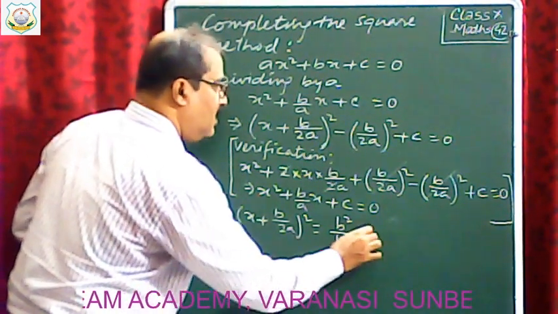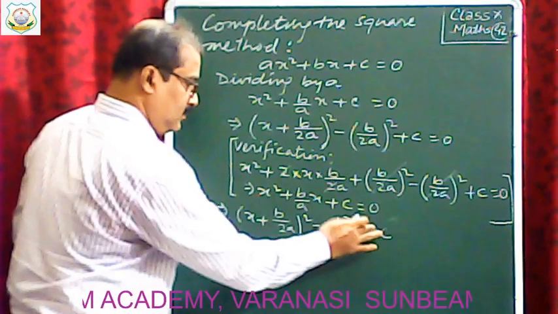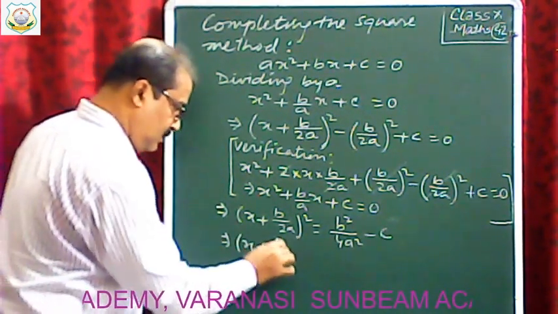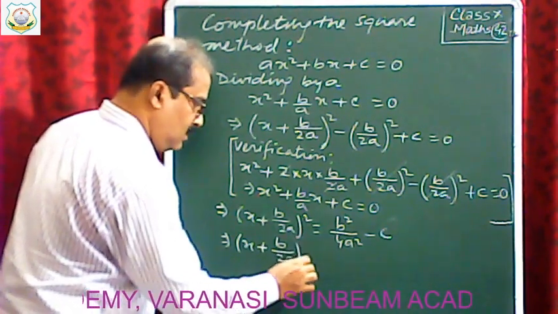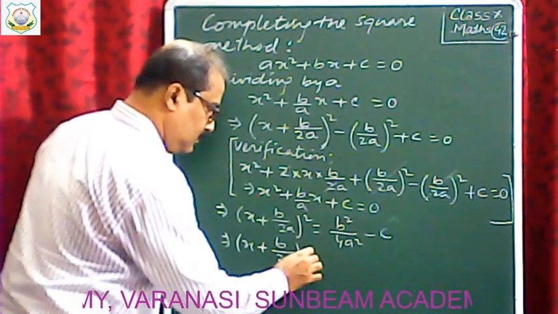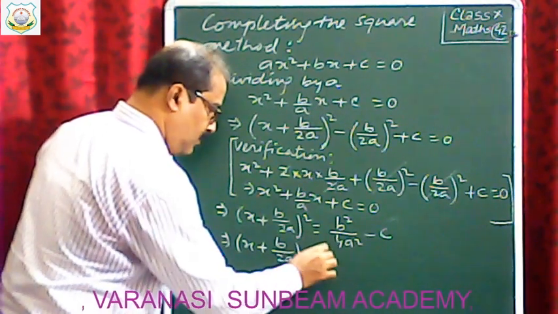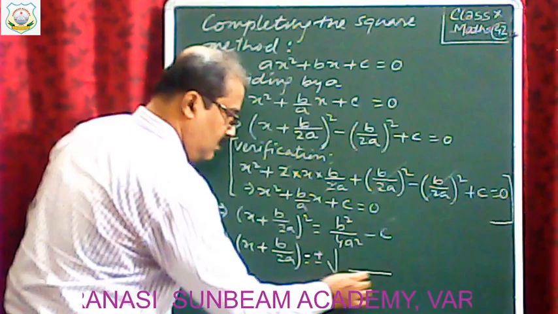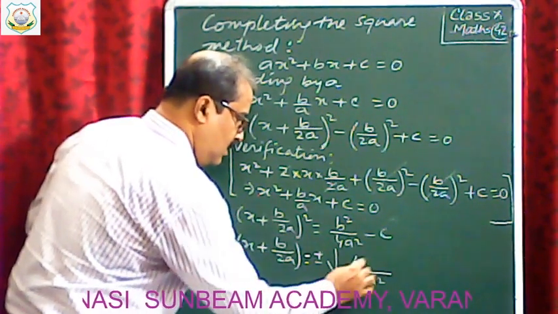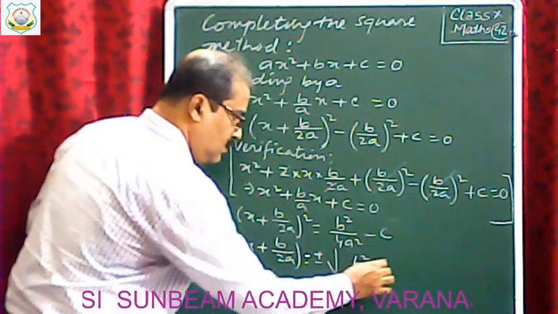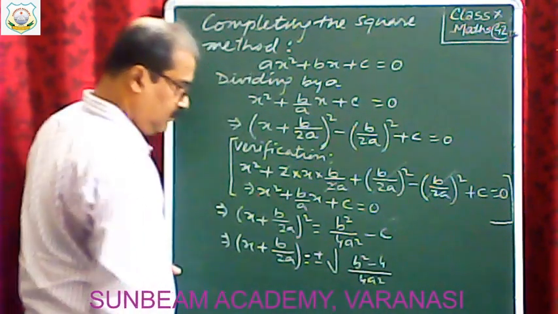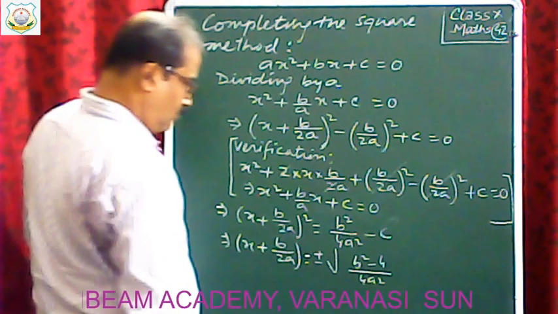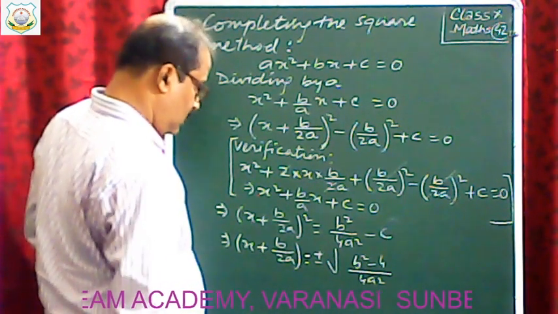So it implies that x plus b upon 2a equals plus minus square root, take LCM, 4a square, so b square minus 4ac.